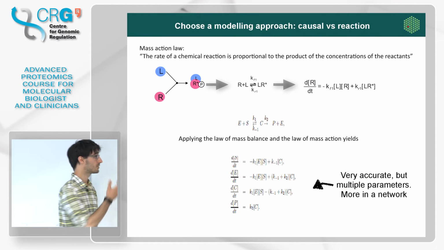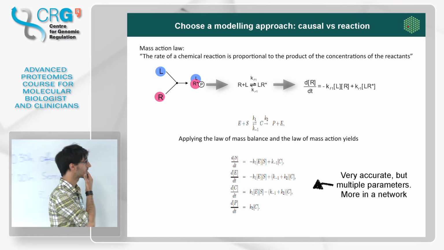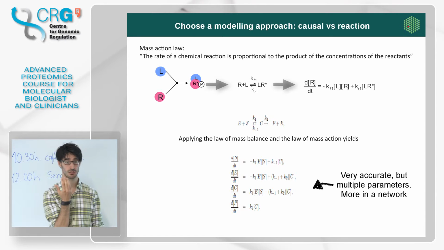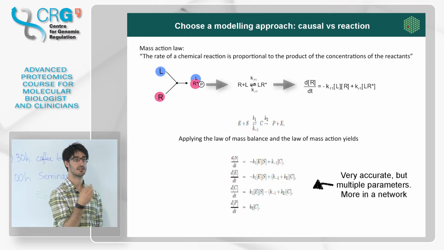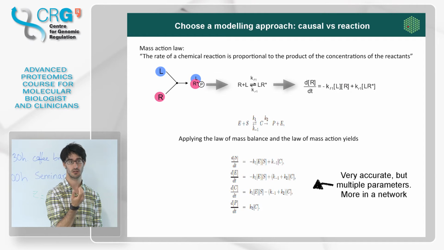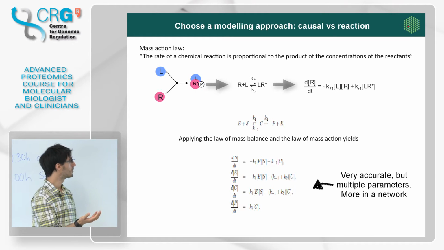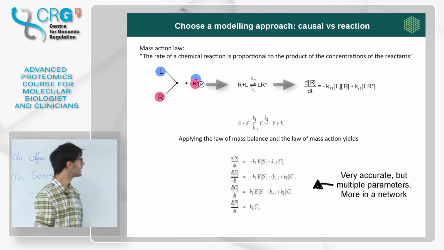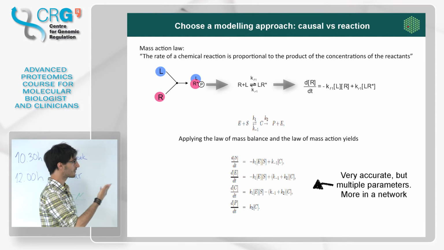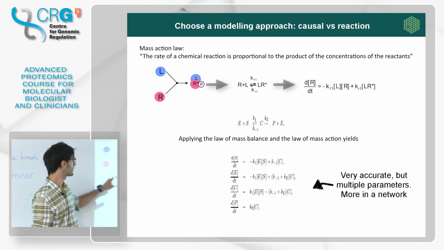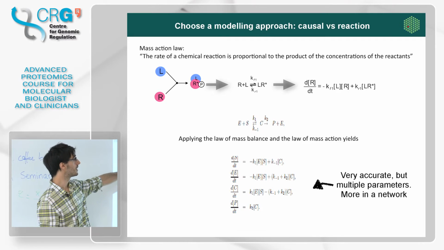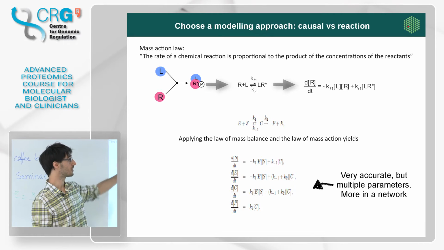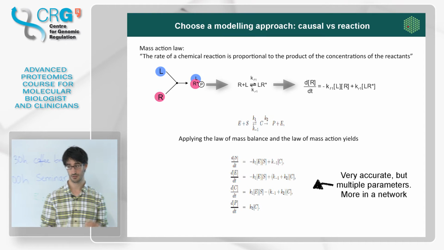Good. Another approach that you can use is reaction-based modeling. So this is the same that I mentioned before. It's called also physicochemical modeling. So what you do here is you use the mass action law that I'm sure you're way more familiar with than myself, which states that the rate of a chemical reaction happening here, for example, the ligand binding to a certain receptor, is proportional to the product of the concentrations of the 2 reactants.